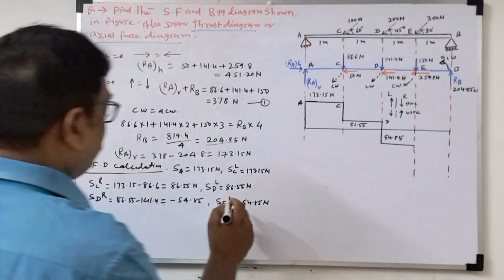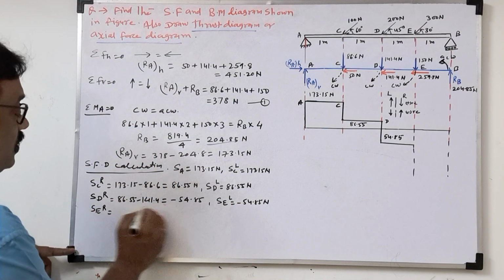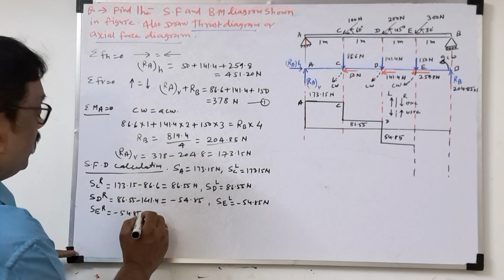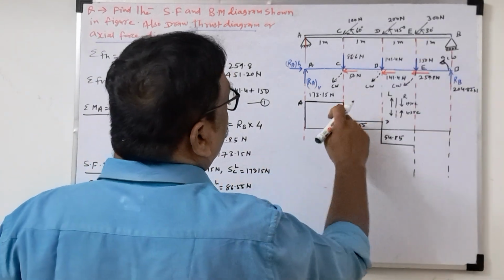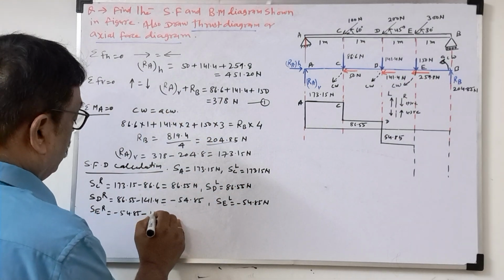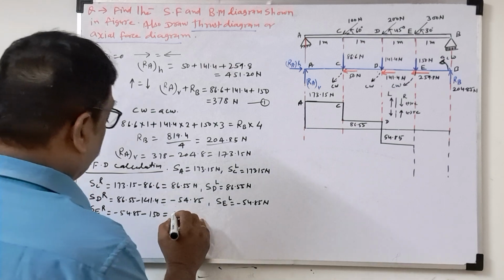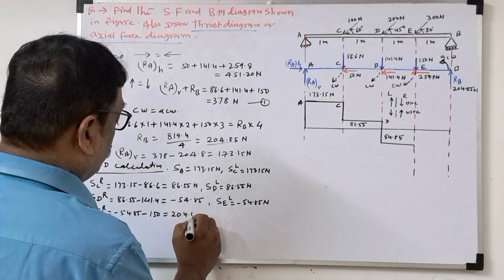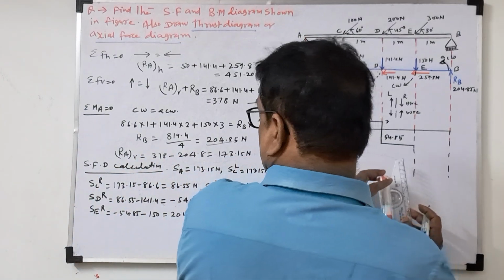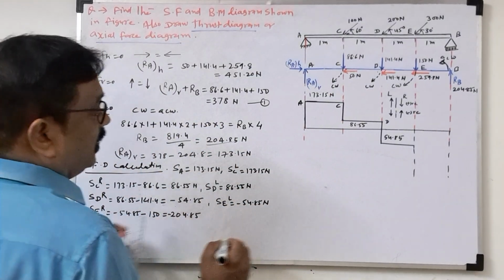Now SER. If we see SER, what will be there? Minus 54.85, then minus, because a downward force is there. Downward force is negative, so 150. This is coming 204.85. So this will come minus 204.85.